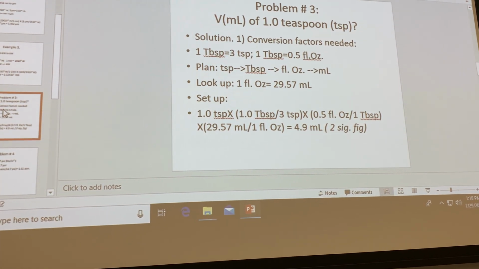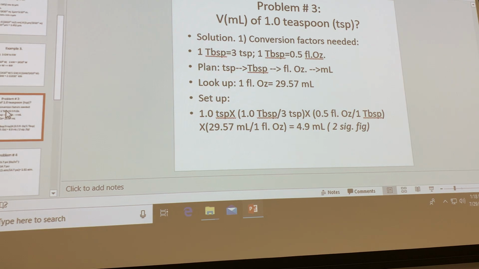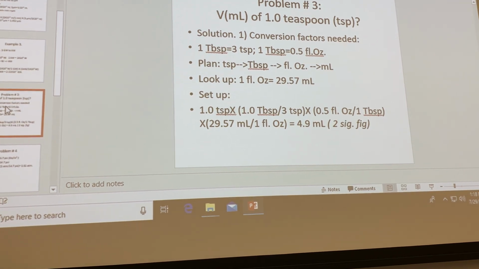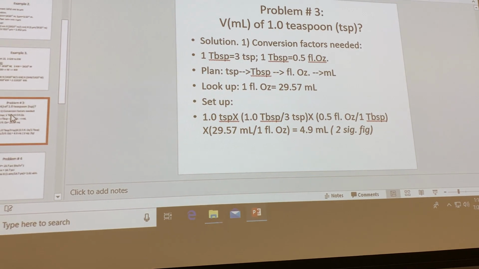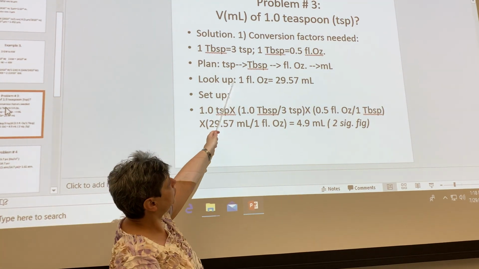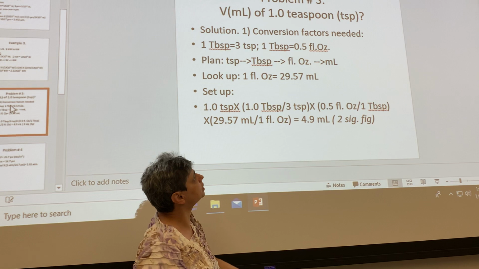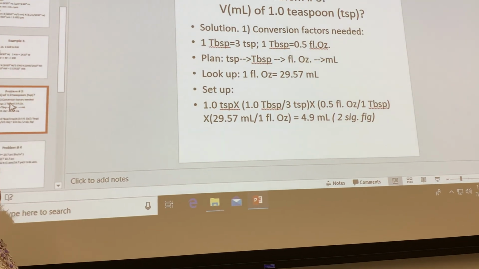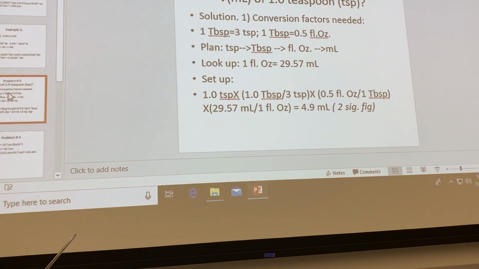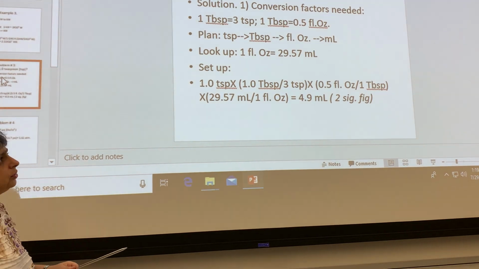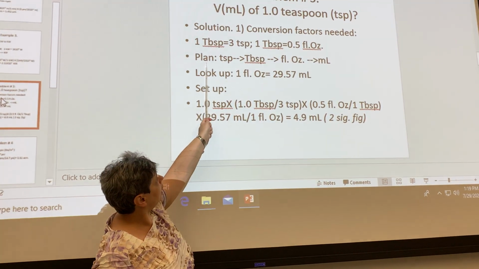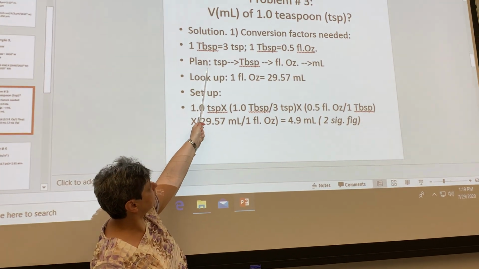You can look it up either in table D12 that I showed you earlier, or in Appendix A. Both of those will tell you that 1 fluid ounce is equal to 29.57 milliliters. So that's something we actually had to look up. And in order to realize that, you need to write down the plan like I'm suggesting here.